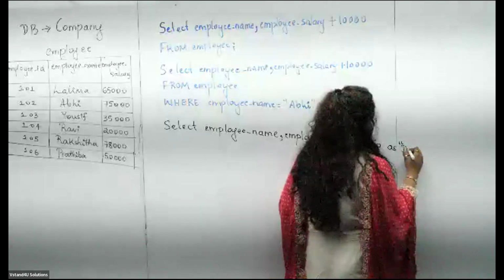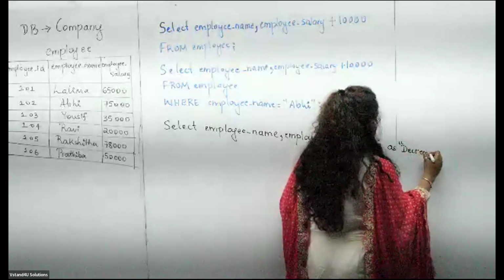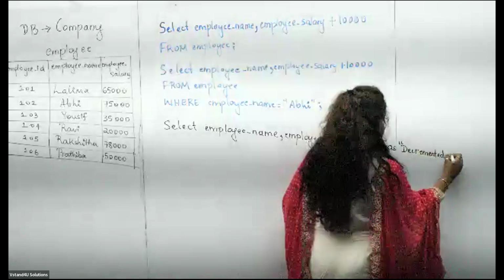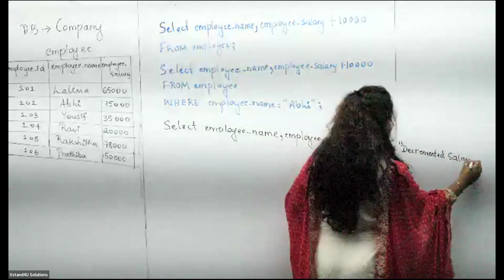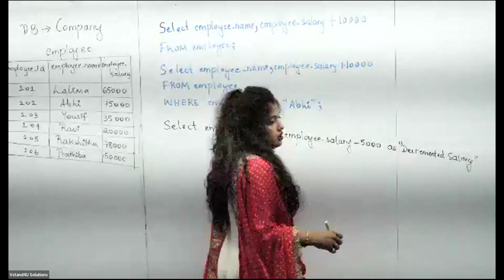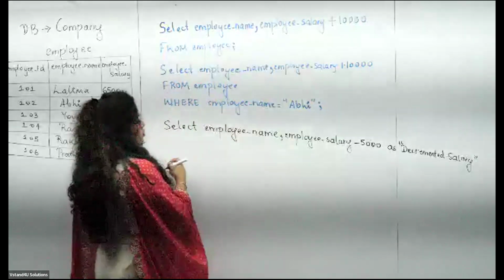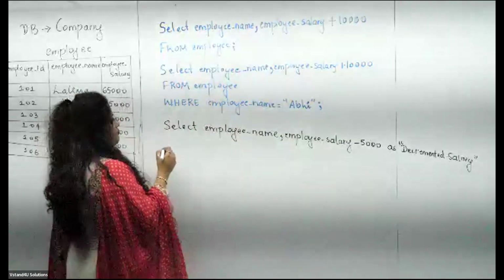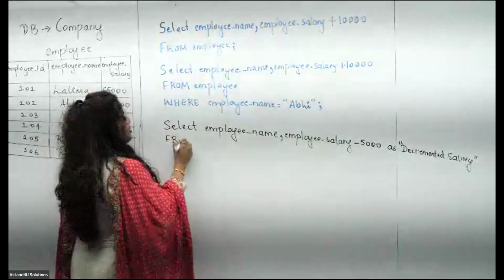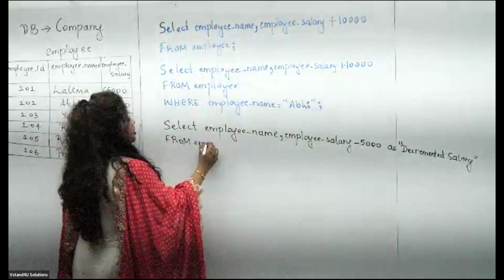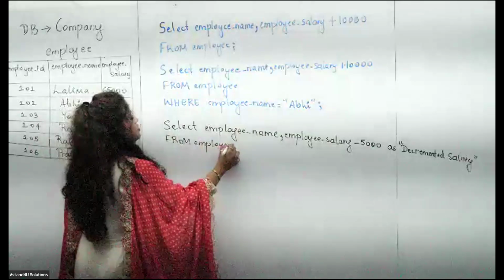And shall I mention it as "Decremented salary"? Can I write like this? Yes. So now what is the next one I have to write? I have to write it as from employee. Yes or no?